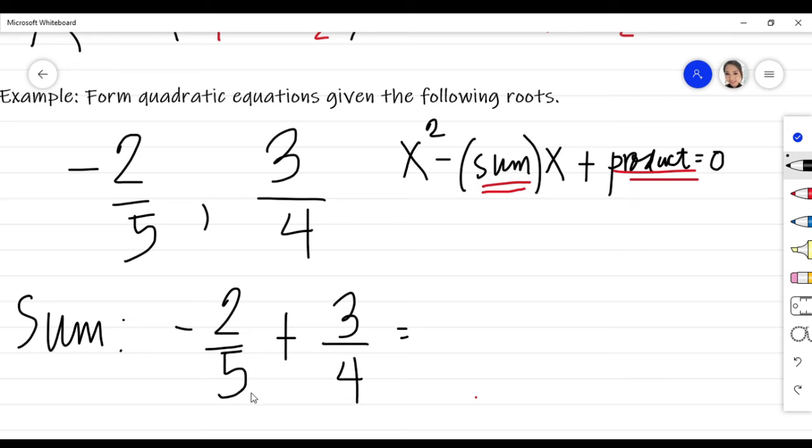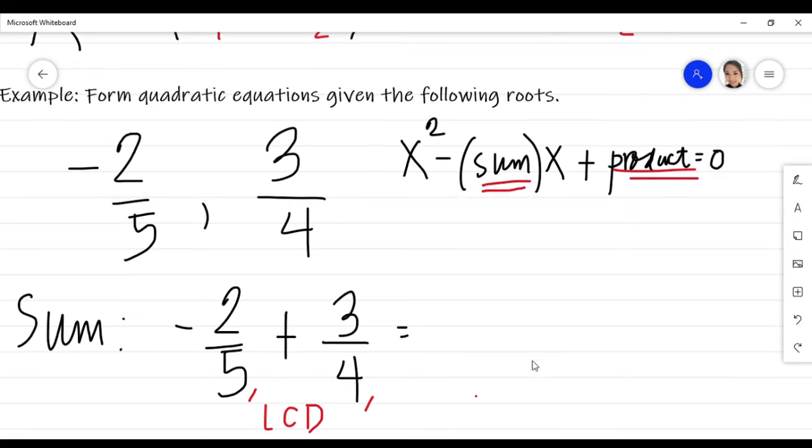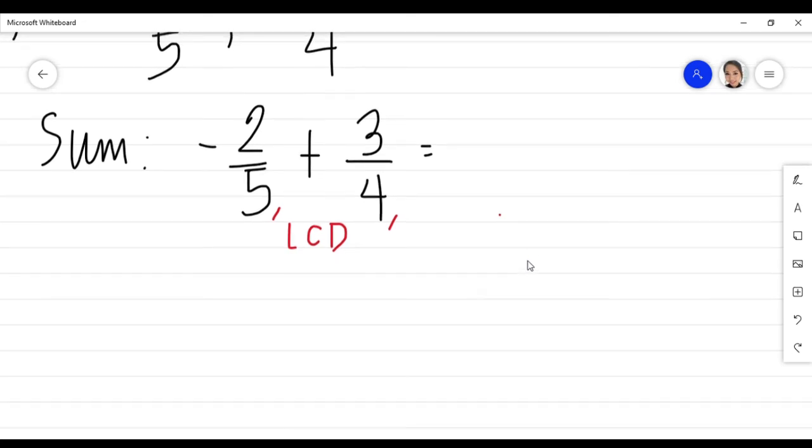Since we have dissimilar denominators, 5 and 4, we have to find their LCD. So how do we determine the LCD? A little review: the LCD is the least common multiple of 5 and 4.